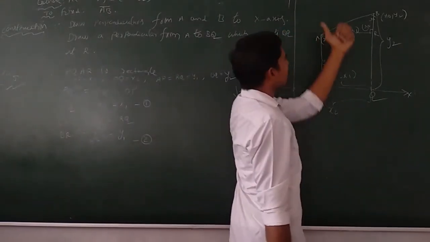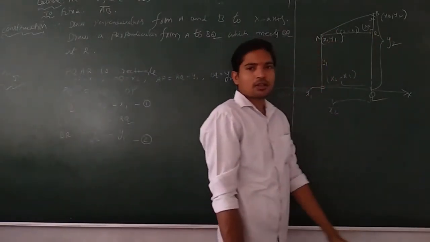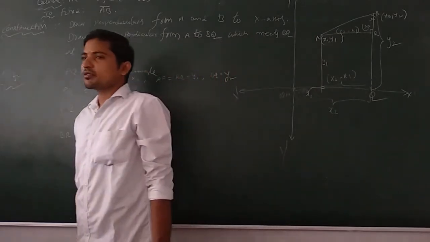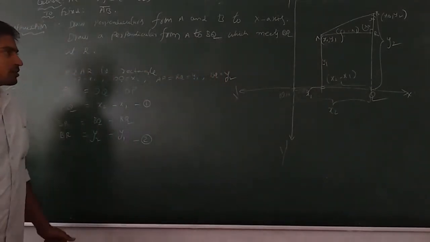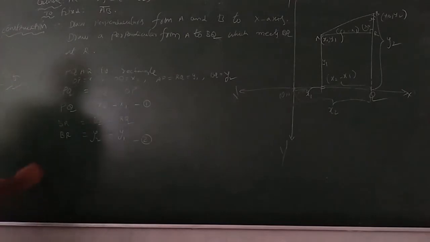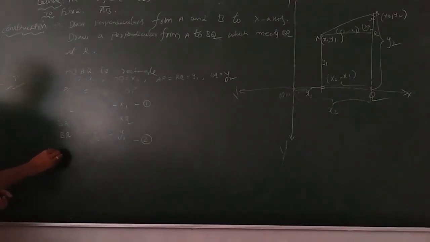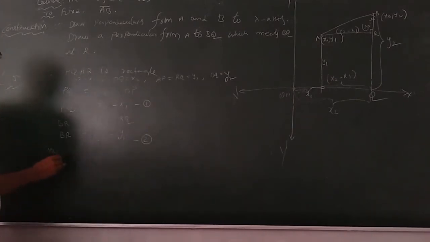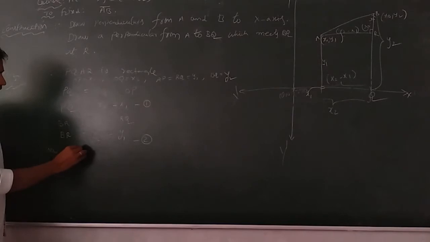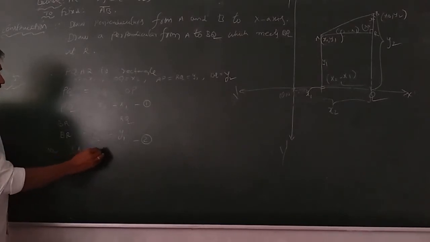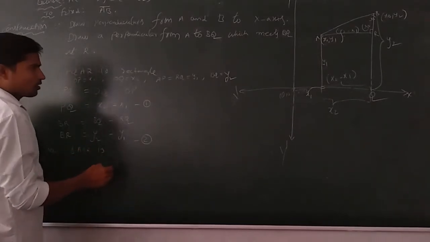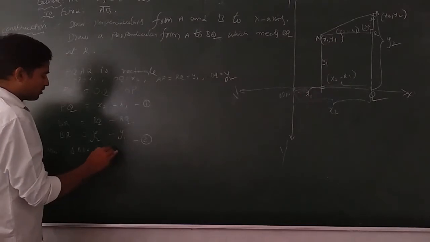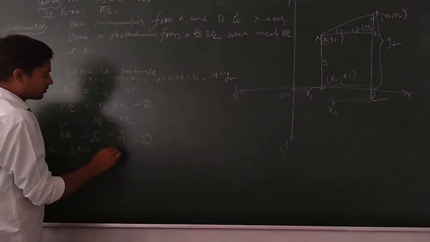AB square is equal to AR square plus BR square. Now, triangle ABR is what? Right angle triangle.